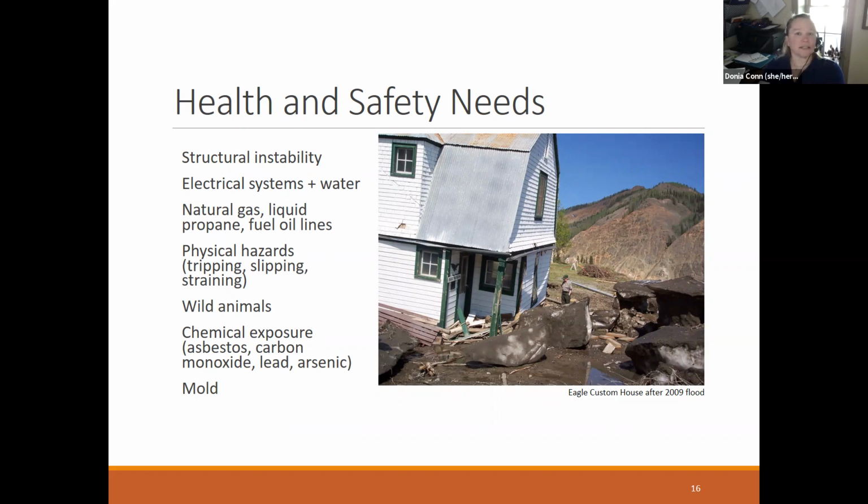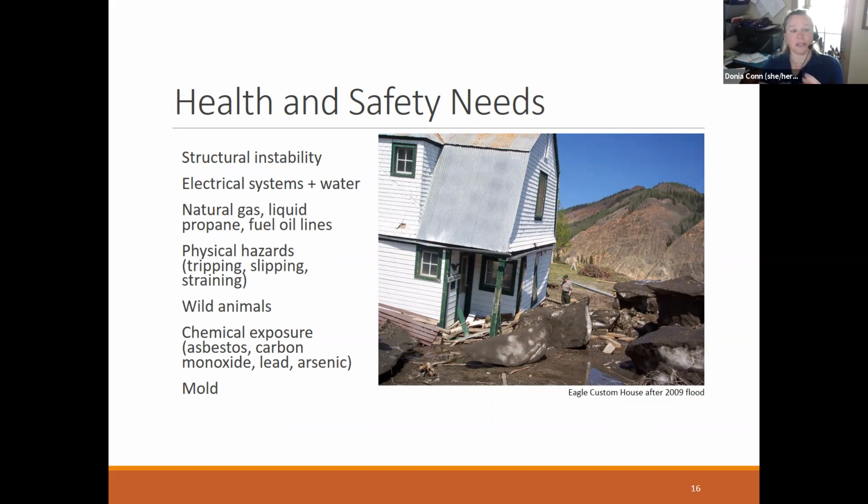So now you're going to take the next step and ask yourself, when everybody else comes in, what are the health and safety needs we are going to need to be considering? So we want to, of course, in conjunction with our facilities person, always make sure that the building is stable. So we know that the building is stable.